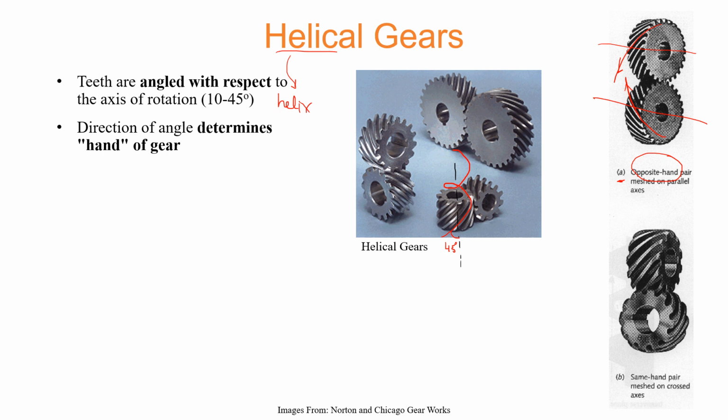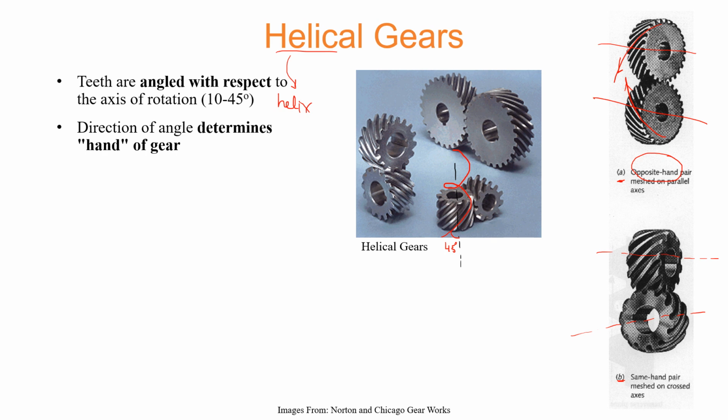But oftentimes you may not require the parallel shafts to be assembled together. You need to change the direction of rotation from one axis to the other axis. For example, in case of B, you can see that for the lower gear, the axis is coming out of the screen, and the other axis is going parallel to the screen.